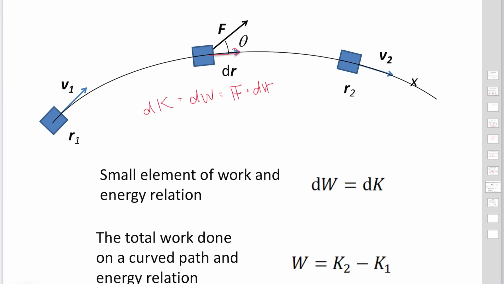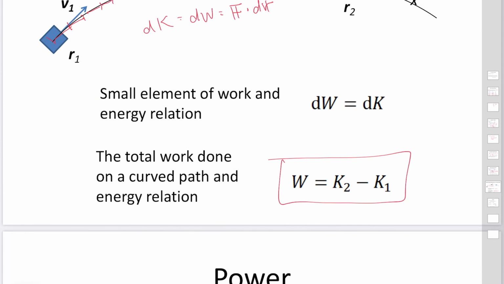The total path is the sum of a number of small straight paths. Finally, work is equal to the change in kinetic energy, even when the object is moving on a curved path.